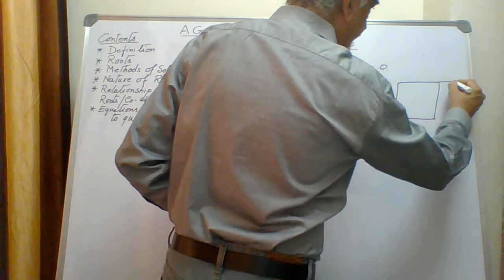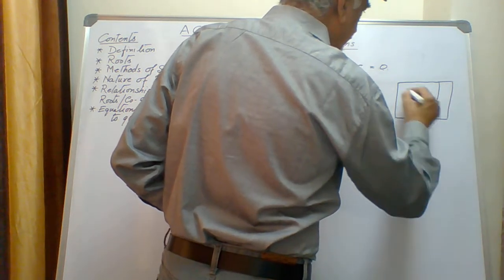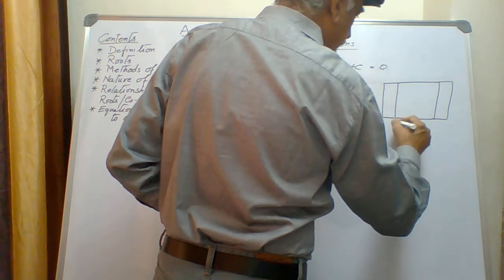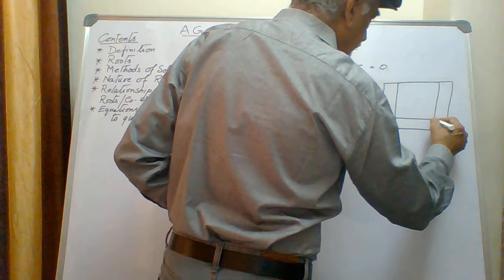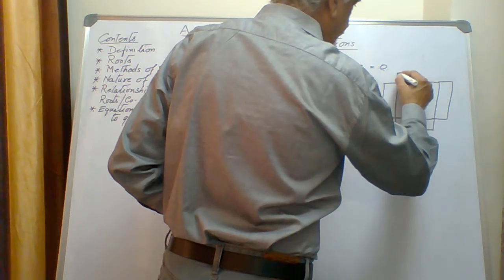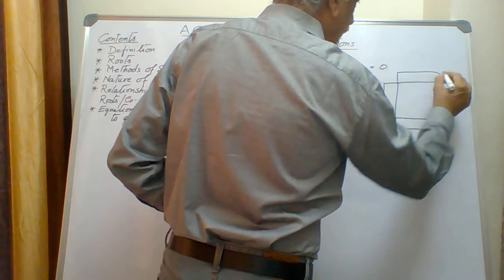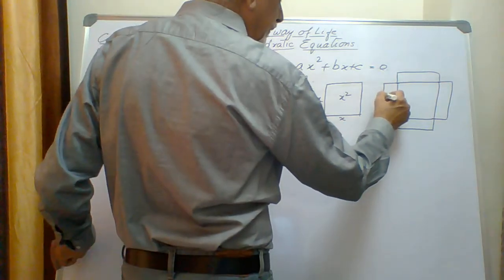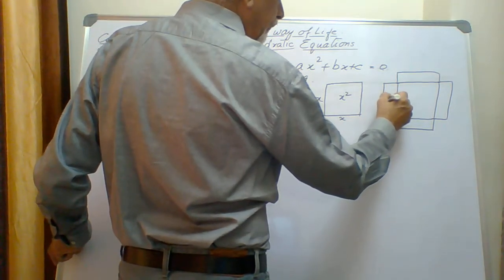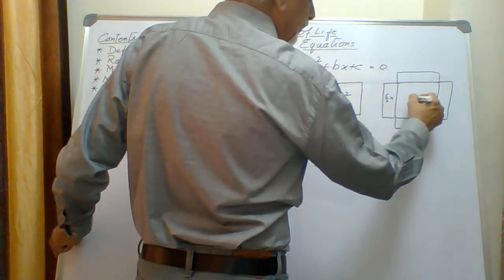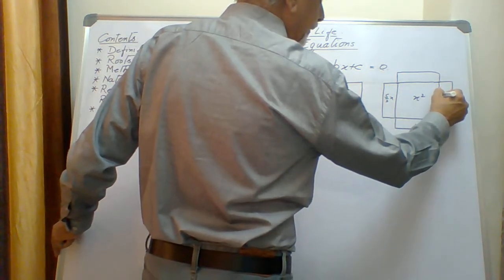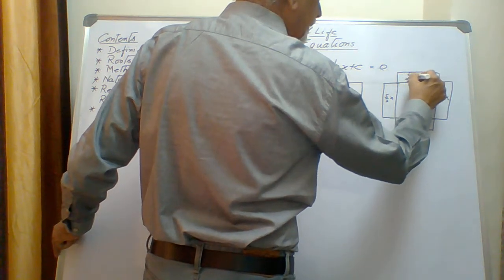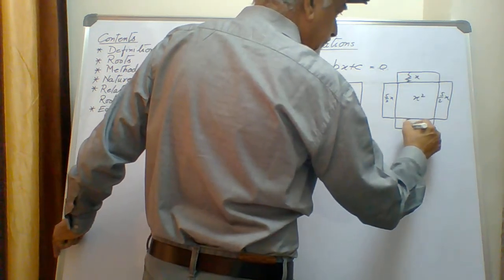I have further added some area here on the 4 sides. What is this? This is 5 by 2 of x. This was x square. This is also 5 by 2 of x, and this is also 5 by 2 of x and 5 by 2 of x.